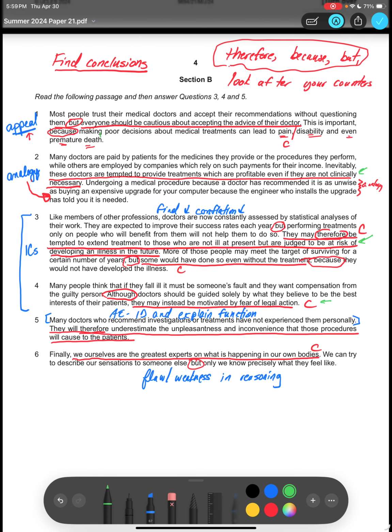Therefore, everyone should be cautious about accepting the advice of their doctor. They may instead be motivated by legal action. Therefore, everyone should be cautious. They will underestimate unpleasantness. Therefore, everyone should be cautious. We are the greatest expert on what is happening in our bodies. Therefore, everyone should be cautious. Winner, winner, chicken dinner. This is our main conclusion.